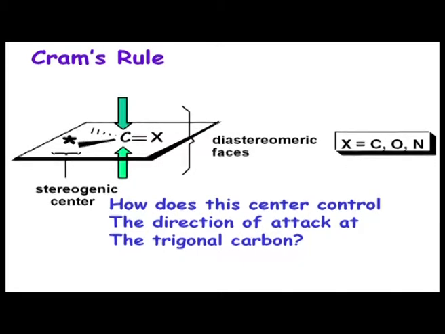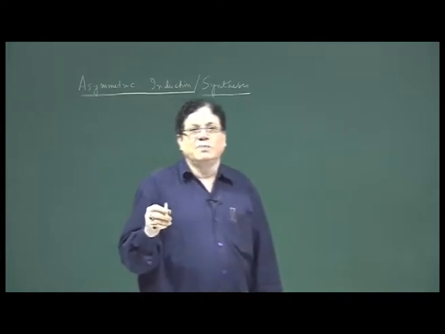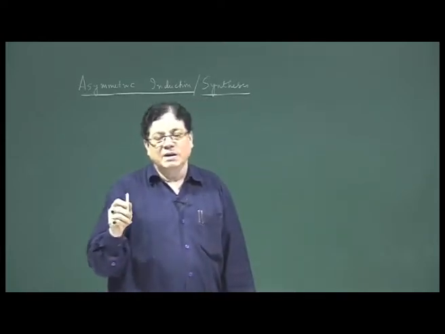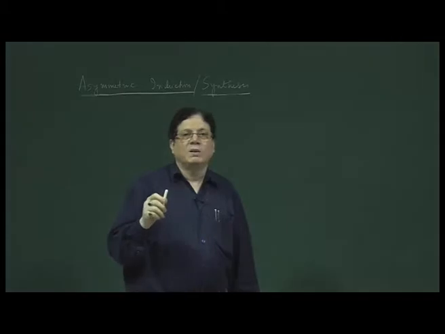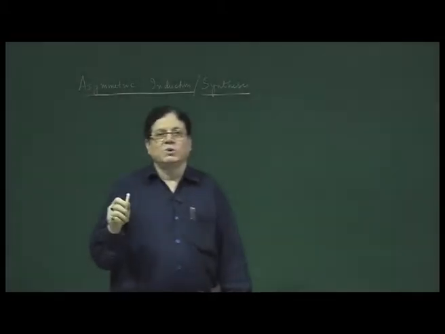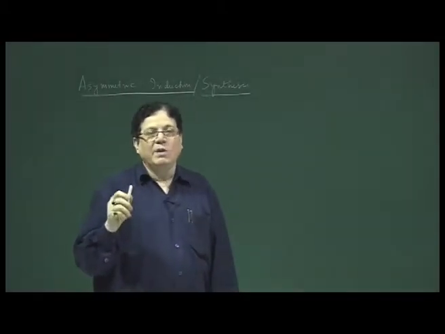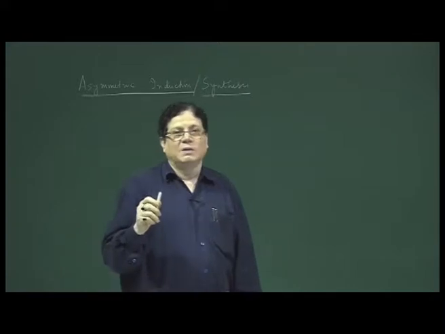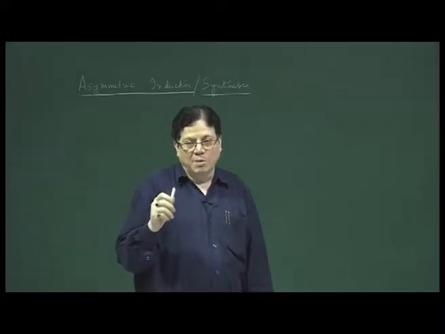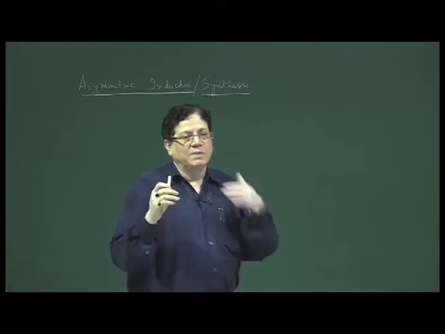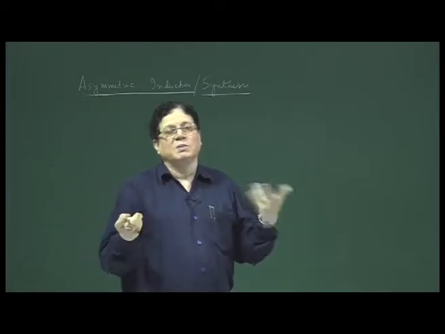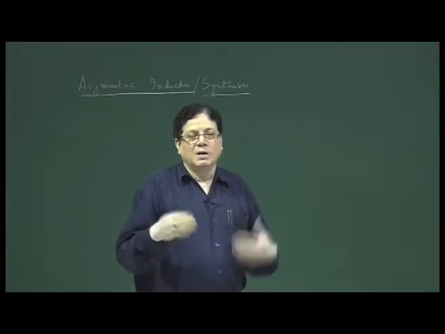Otherwise, the rates of formation of the two isomers will not be different, because what you aim at is that the rates of formation of the diastereomers should be different, then only you can get different amounts of products. Okay. If the activation energies happen to be the same, then it will lead to a racemic mixture.